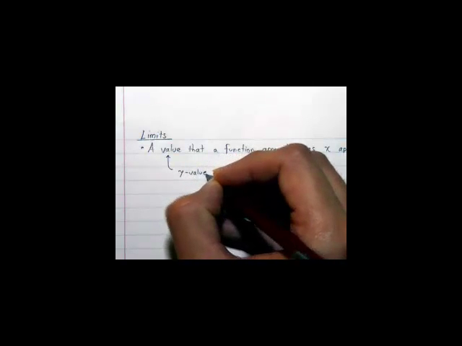So what happens to y as x approaches something else? Okay? And some of the easier ones to look at are if you have a graph in front of you. So that's what we're going to do first. We're going to take a look at doing limits on a graph.